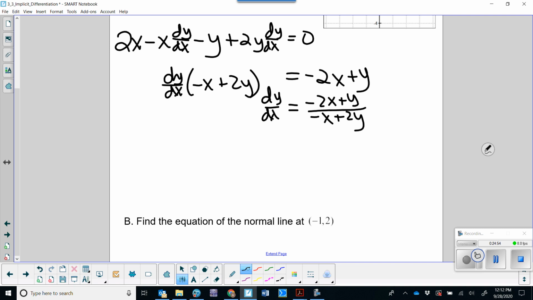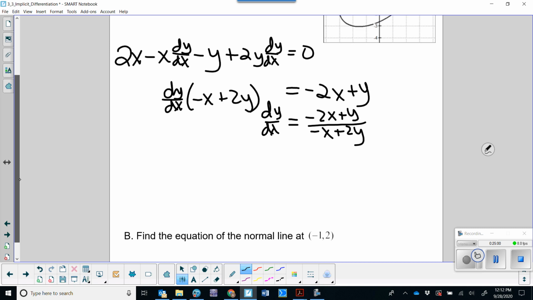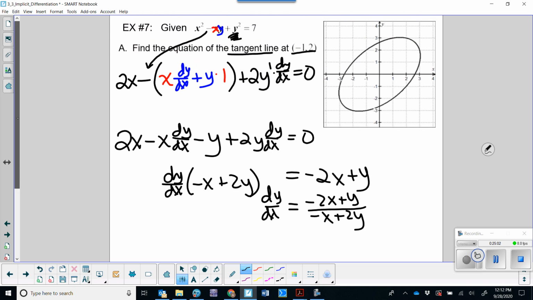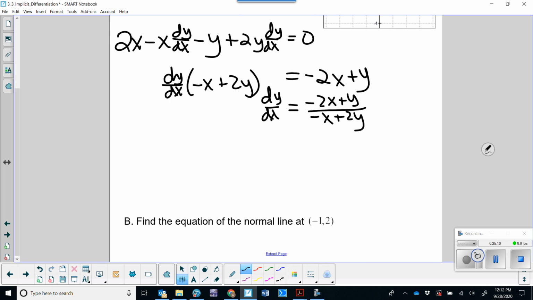Okay, so now that's just the derivative. So this is the equation that gives me the slopes of the tangent lines. It is not the tangent line, and it is not the slope of the tangent line. It's the equation that gives me the slopes. I want the equation at negative 1, 2. So that means I need to find dy dx evaluated at negative 1, 2.